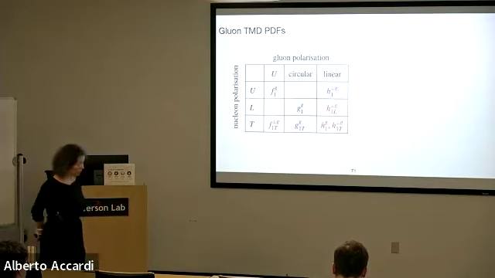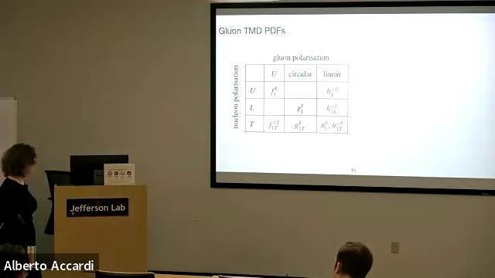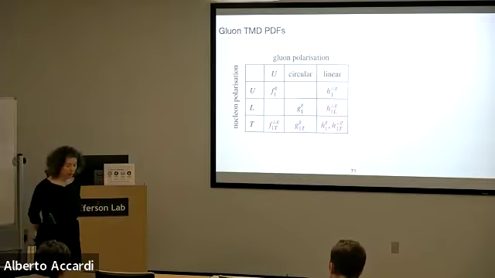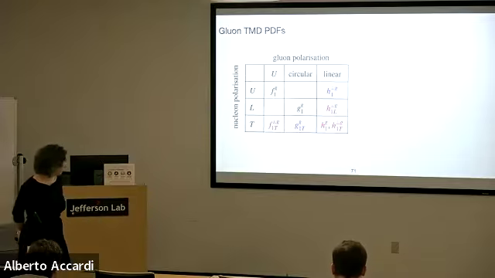These are 8 functions that tell us about different aspects of the spin structure of the nucleon, looking at correlations between transverse momentum of quarks and the spin of the quarks or the spins of the gluons. So this is where we stayed.